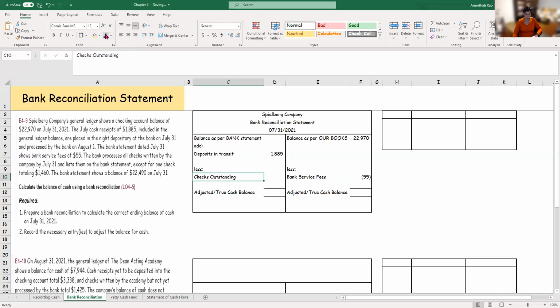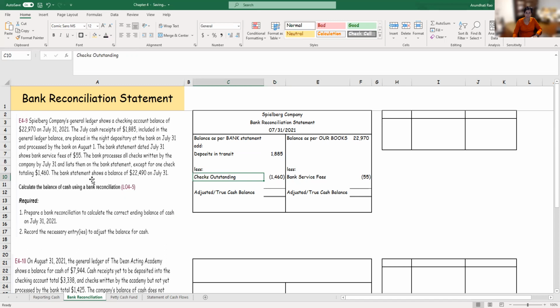So when they do, this money is going to be taken out of my account. I've already taken it out over here from my books. The bank will take it out as soon as the vendor presents it. Again, it's a matter of time before that happens, so I need to subtract that money over here.